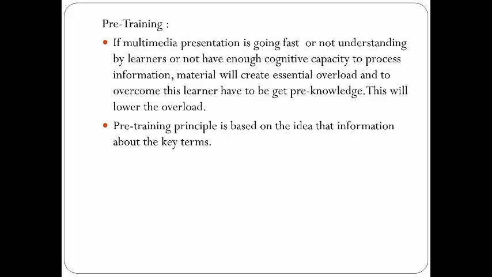This can create an essential overload on the learners, because it can be hard to follow without knowing the main idea of the presentation. To overcome this, the learners have to get pre-knowledge about the multimedia presentation. This will lower that essential overload on the learners.